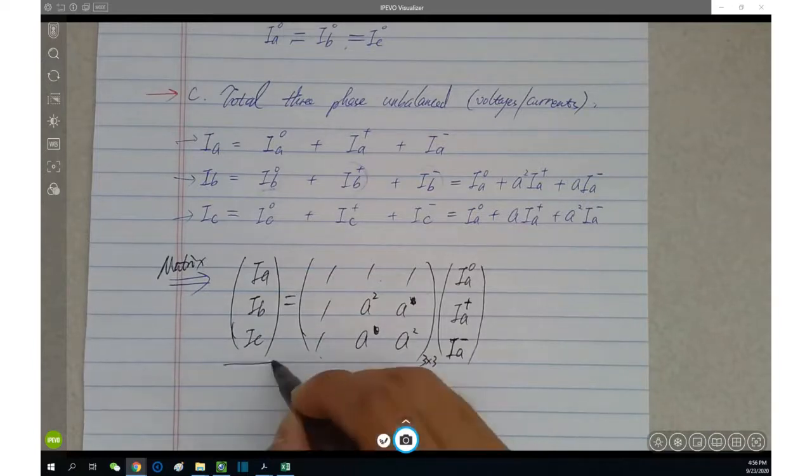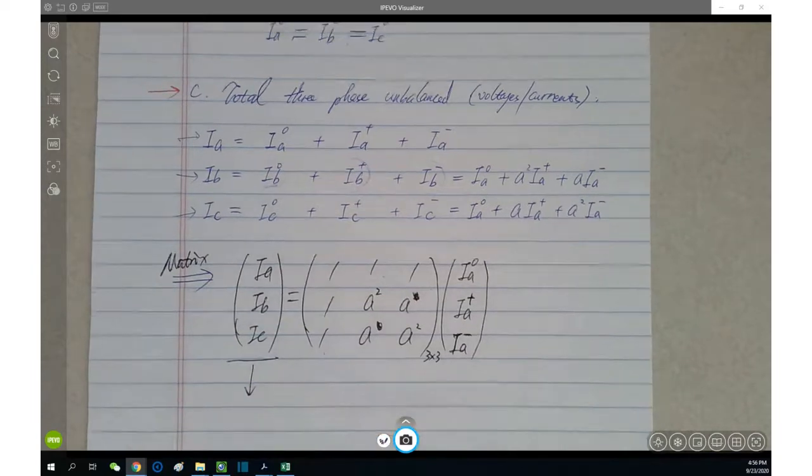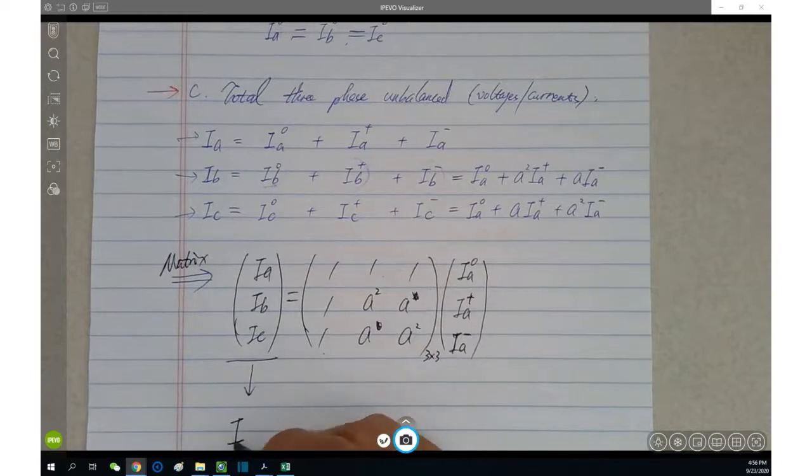And we are naming this total three-phase current vector as vector capital A, B, C. This is the vector name, including 3 entries: IA, IB, and IC.